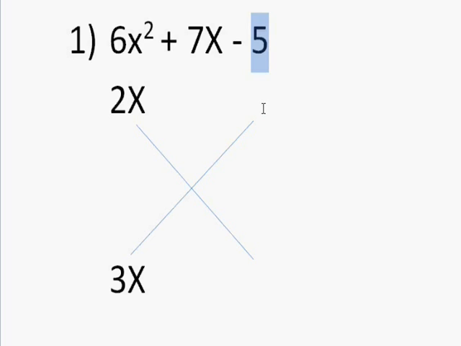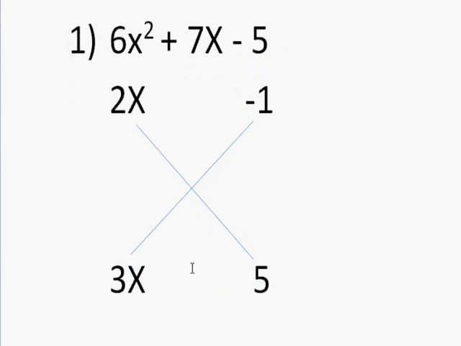So I will write 1 here, 5 here, and then because it's a negative 5, one of these, either the 1 or the 5, has to be negative. Then only we will get this times this is equal to negative 5. So I'm going to use the negative sign right here. Otherwise it won't produce the correct factors.